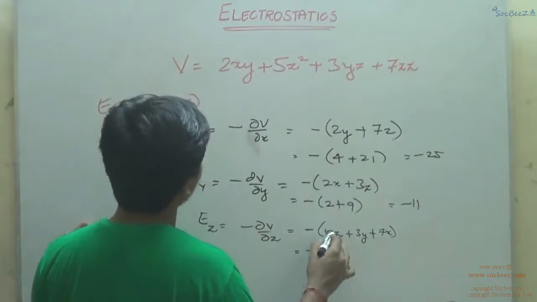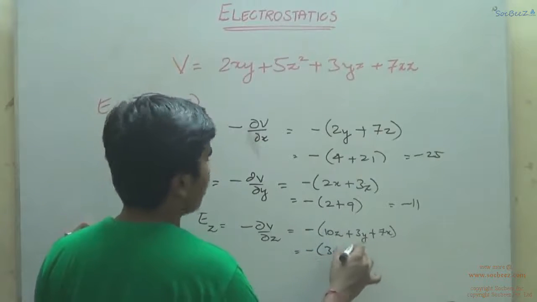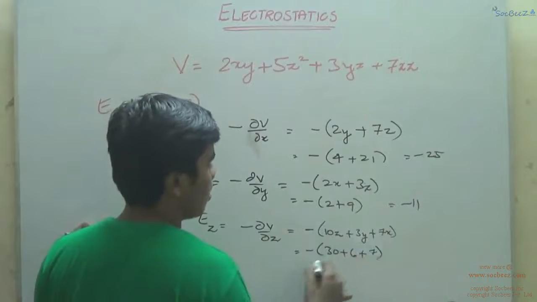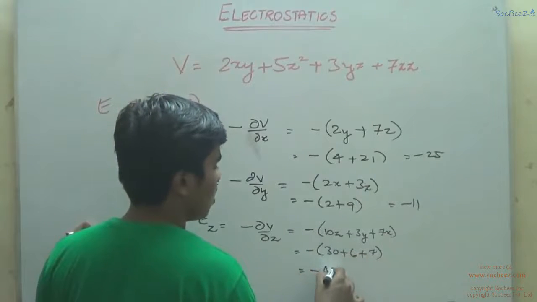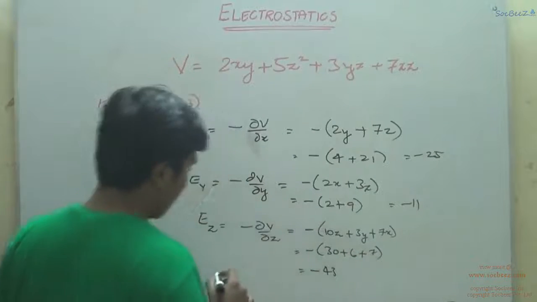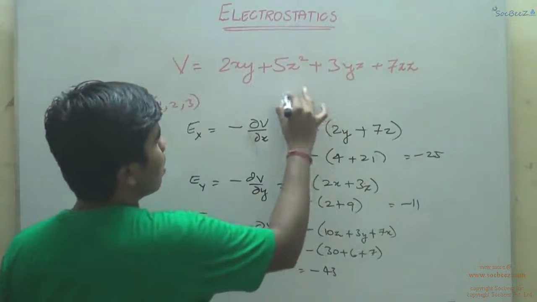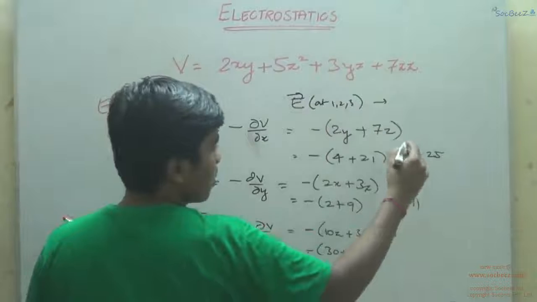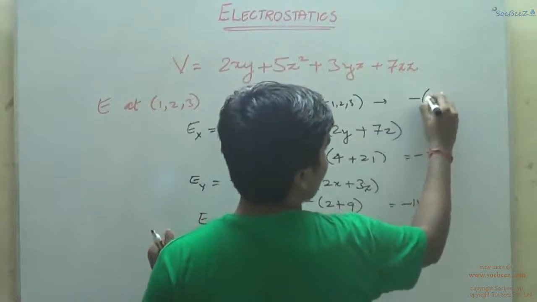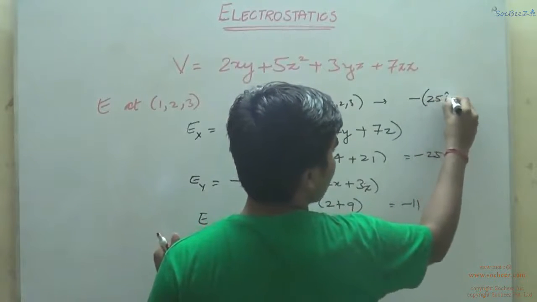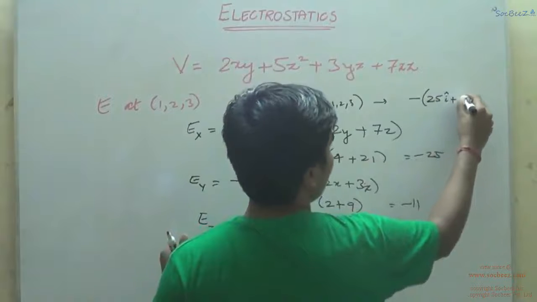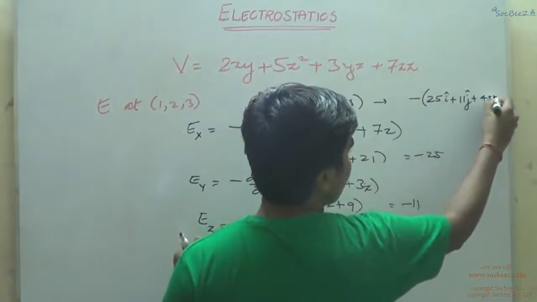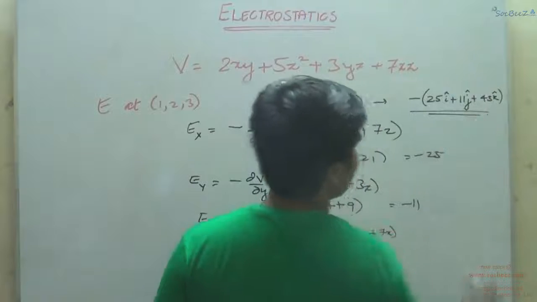This is equal to minus of 10z is 30 plus 3y is 6 plus 7x is 7. So the electric field is equal to minus of 25 i cap plus 11 j cap plus 43 k cap. Okay.